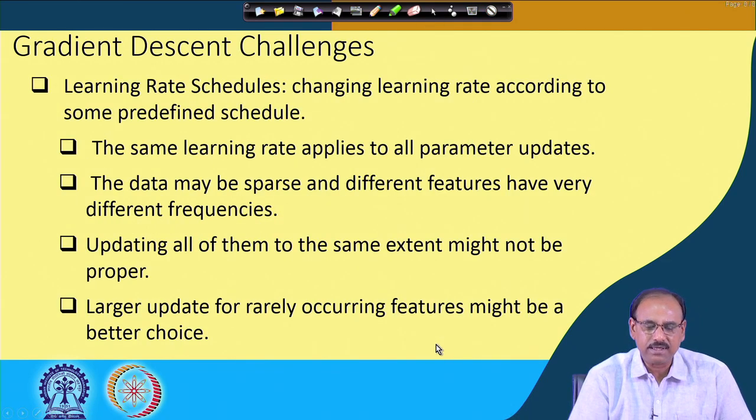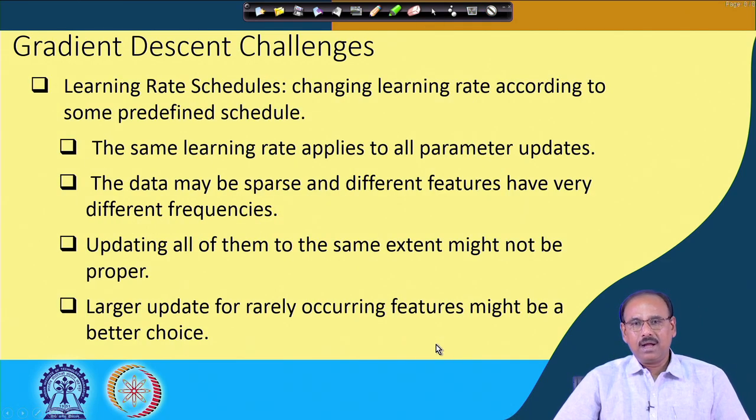The other challenge is that I can have a pre-schedule of learning rate, that is, how the learning rate will change over the iterations can be scheduled beforehand. That is what pre-scheduling is. But the problem in that case is that the same learning rate has to be applied to all the parameters, which might not be a wise choice, because our data may be sparse, and not only that, the different features may have different distributions or different frequencies.